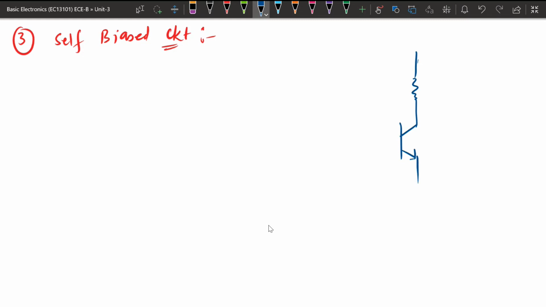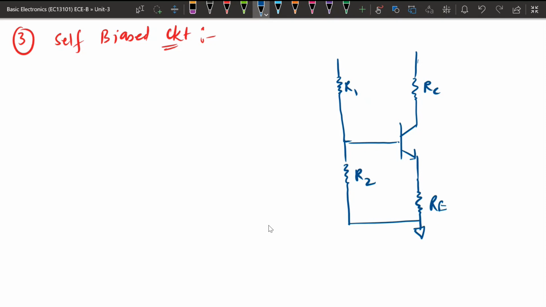this as the circuit. Here at the emitter side, there will be a resistance, that is the emitter resistance. This is RC, the collector resistance, and the base terminal will be biased by using a voltage divider technique. So this is R1, this is R2, and this is connected to here, and this will be your VCC.